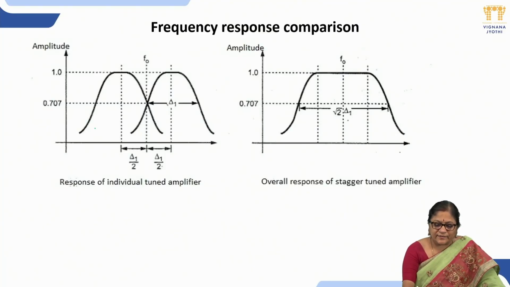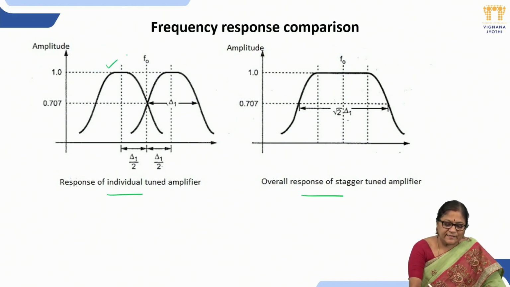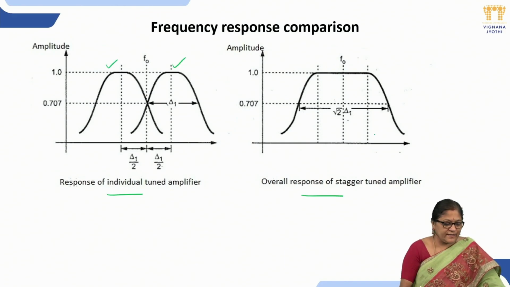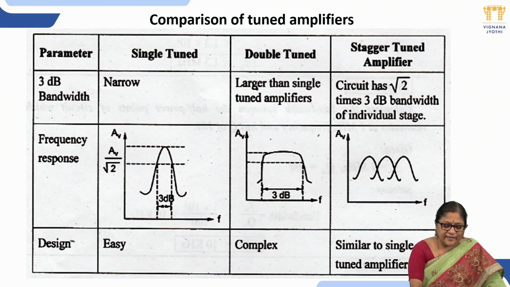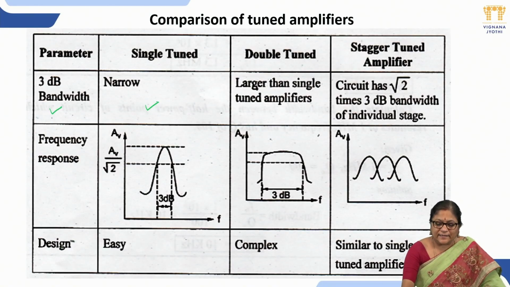Here also I can draw the overall response on a separate sheet. This is individual stages, stage 1, stage 2, and this is the overall response. And if you look parameter-wise, at single tuned, double tuned or stagger tuned: for the 3 dB bandwidth, a single stage will not provide much bandwidth, but double tuned will provide a very large bandwidth compared to single tuned.